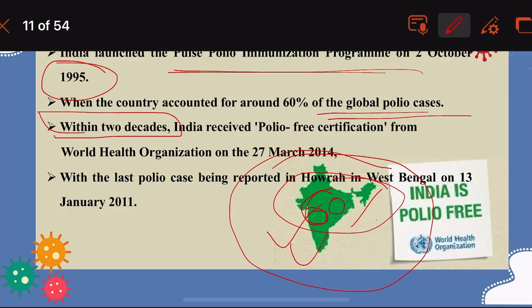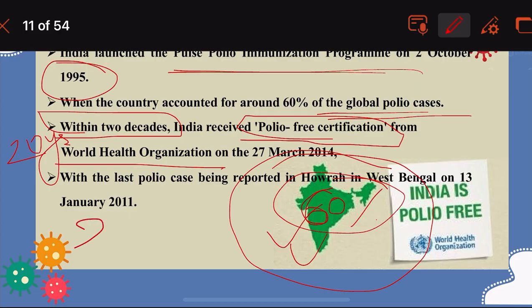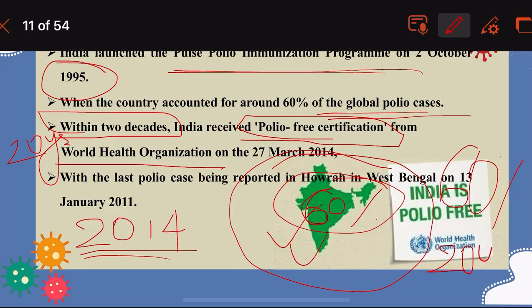Within 2 decades, within 20 years, India received polio free certification from the World Health Organization on 27th March 2014. It was a great achievement for India.